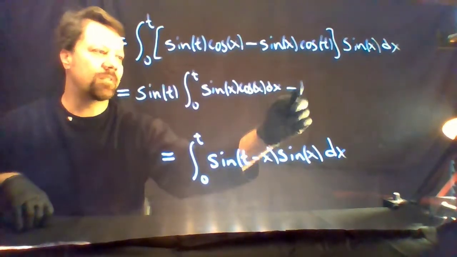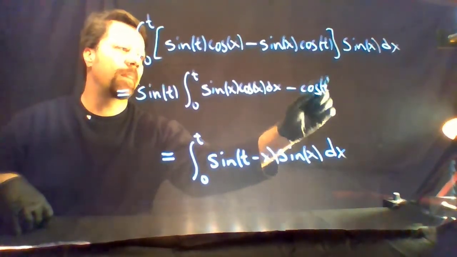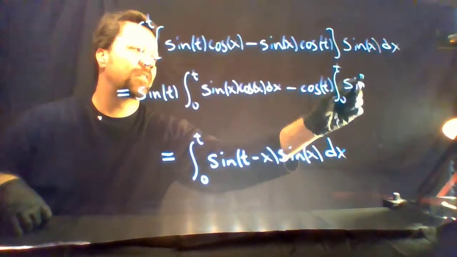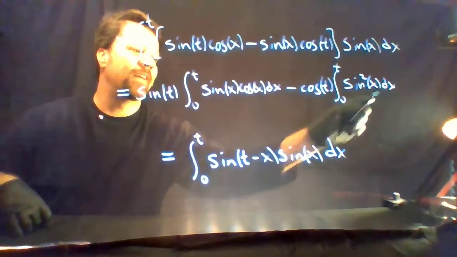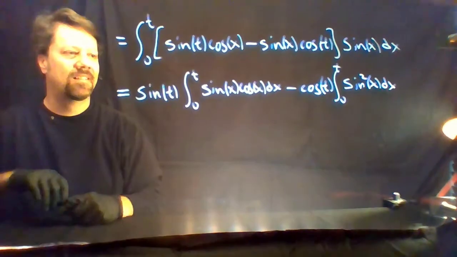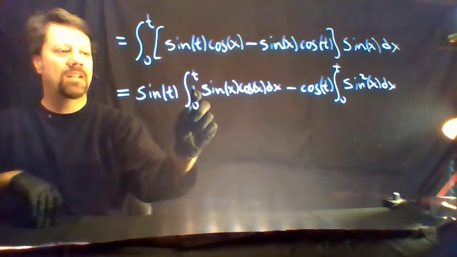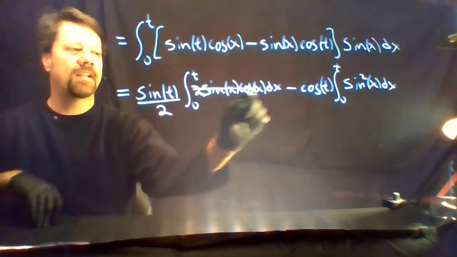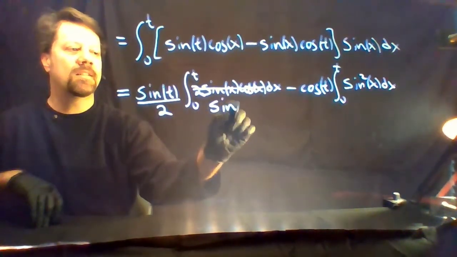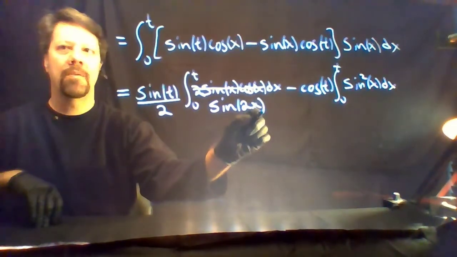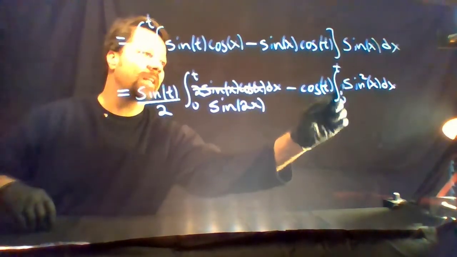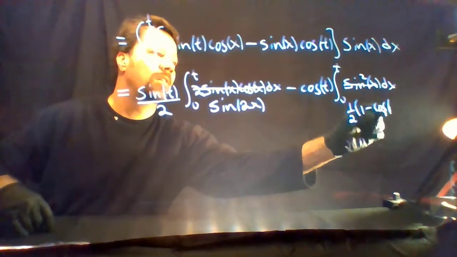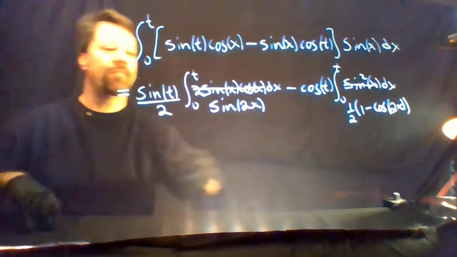On the second term, it's the cosine of t that could be moved out. And here we'll have sine squared of x. On the first term, we kind of need a 2 here to complete the double angle identity for sine. This will be the sine of 2x now. Whereas on the second term, we need to use a half angle identity, 1/2, 1 minus cosine of 2x.